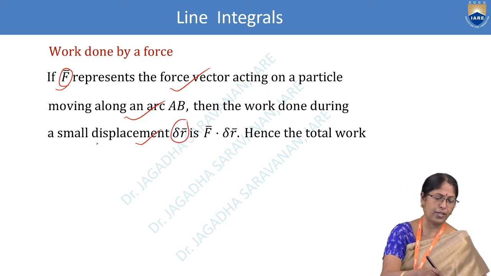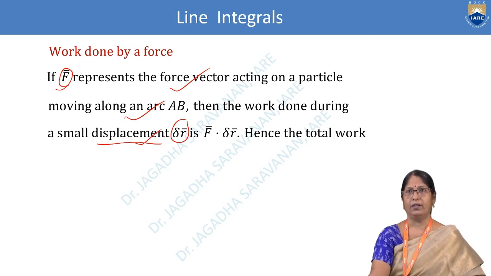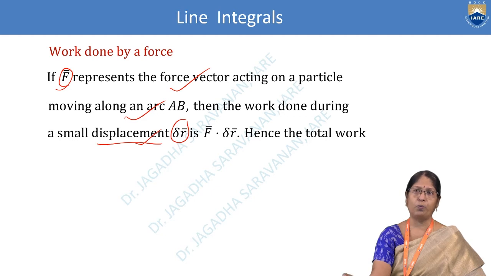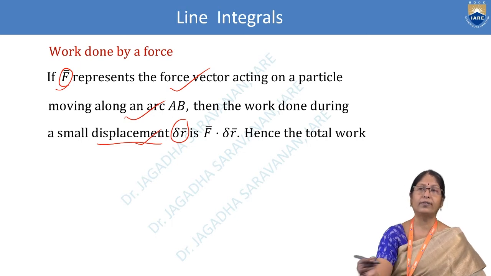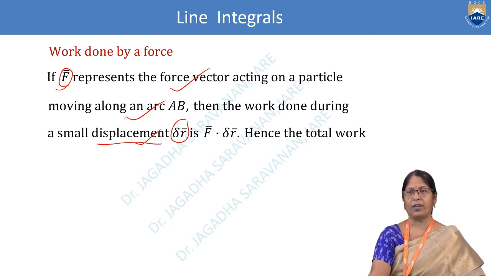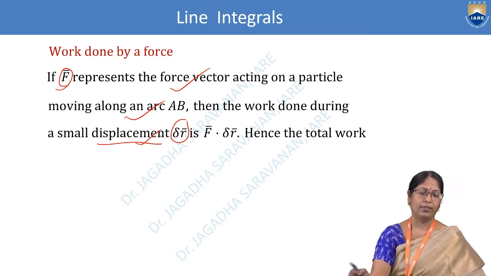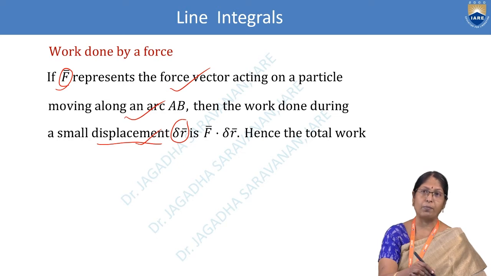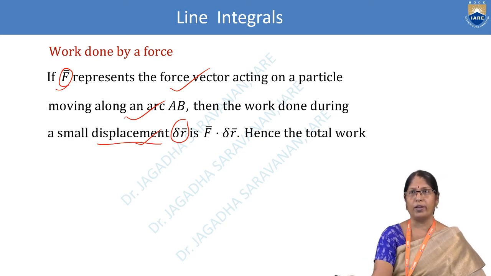The displacement is the particle moving from the starting to the end point in the specified direction. If it is only distance, we calculate the length. But displacement, in which particular direction the particle moves from starting to end point, is del r.